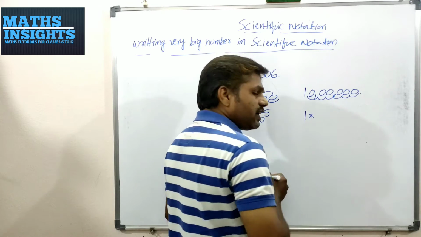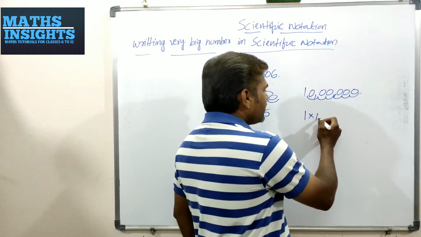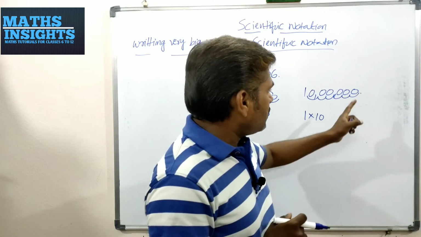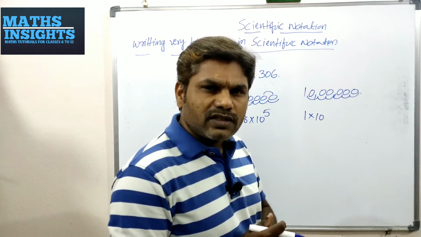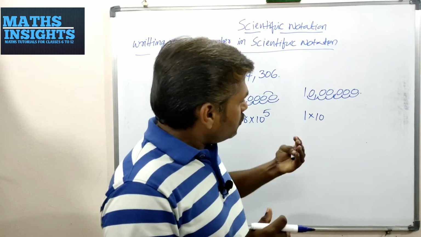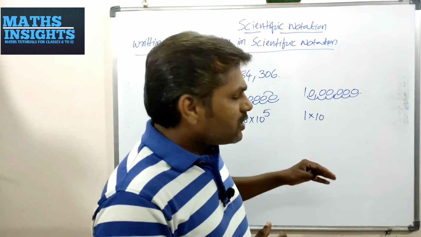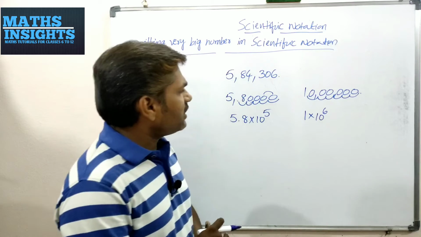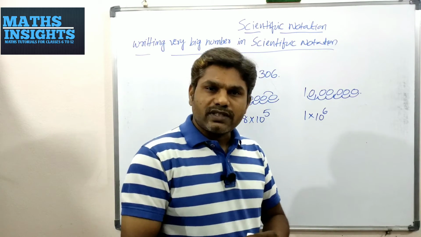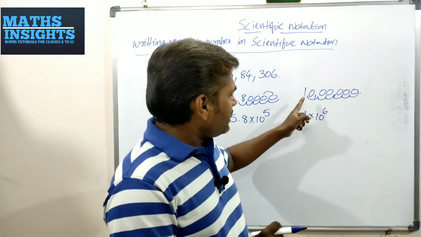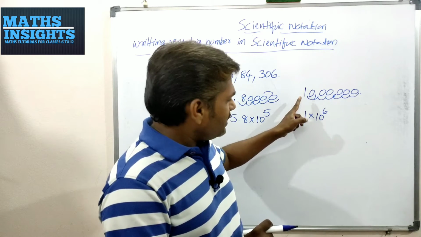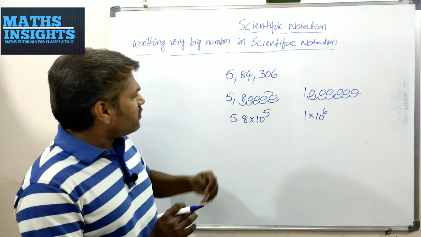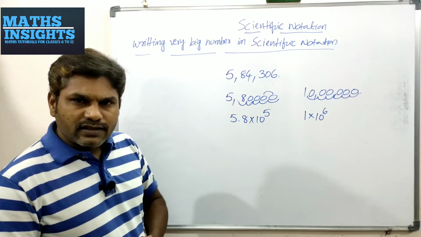Therefore, simply writing 1, you have to write 10 raised to a positive number. Whatever the number of places you move the decimal point towards the left, that is the power to which 10 is raised. Here 6 places. You can write it as 1 into 10 power 6. Is it easy? Writing 10 lakh like this is a much more convenient way. Here also it is a much more convenient way to write.